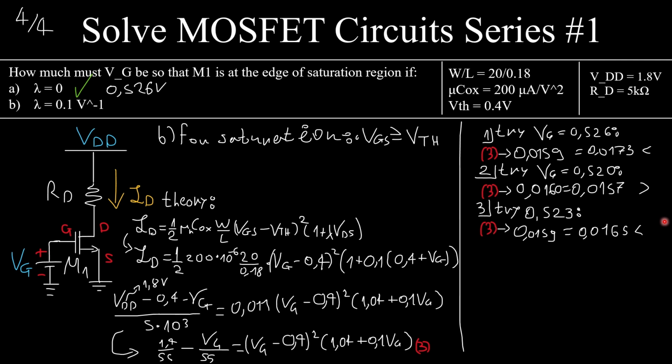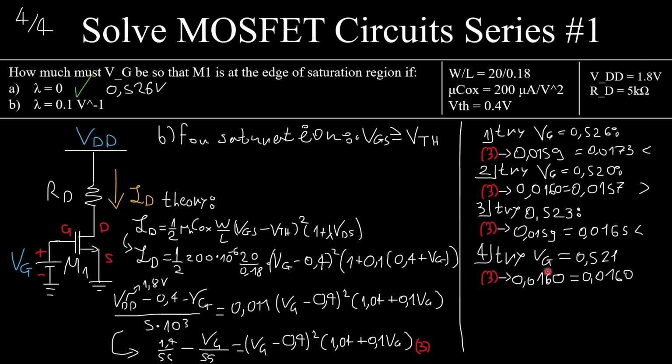If this was higher than this, I would have to check between this value and this value. Now I take a random value between here, so I take something between this and this, which is 521.